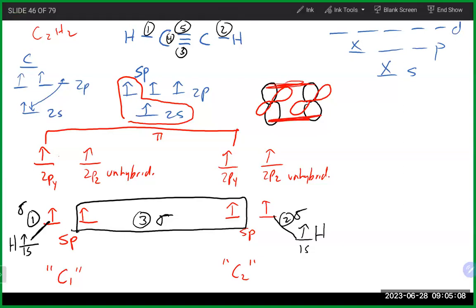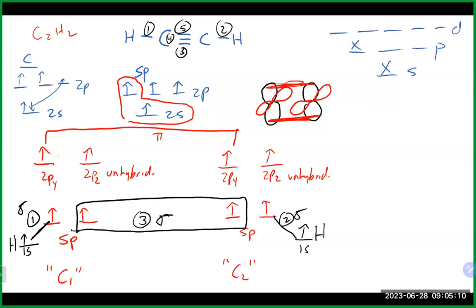And the next thing that's going to happen to make our third line is the overlapping of p orbitals here to also make a pi bond that will occur between, say, those two guys there. So in this case, we're going to have actually 2 sets of unhybridized p orbitals that are going to sideways overlap to create the second and third bond that we see in our triple bond that's here.